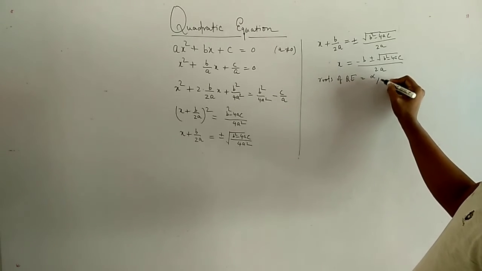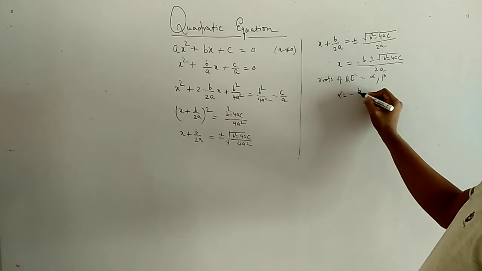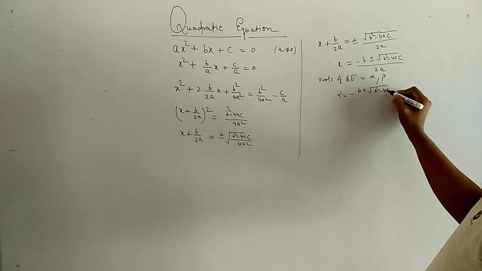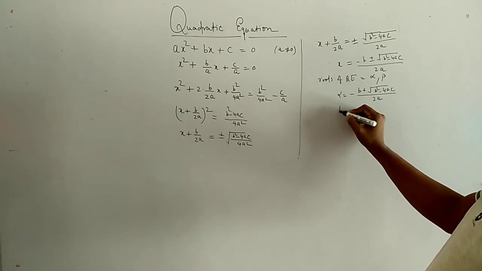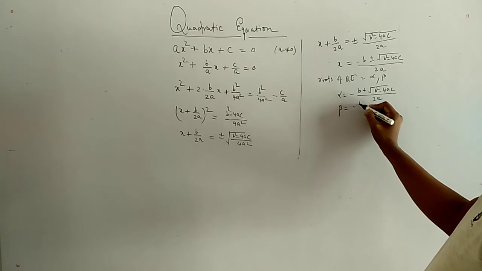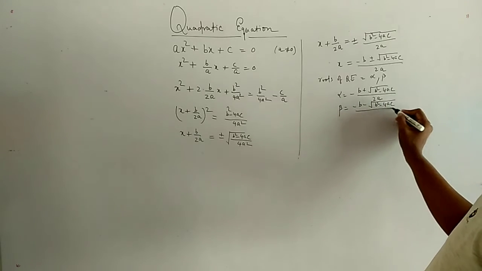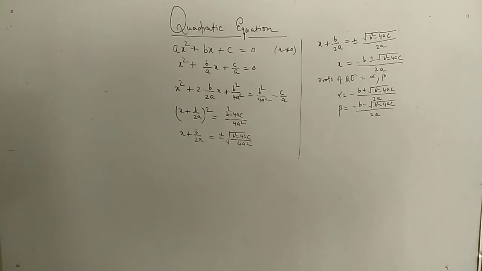If I say they are alpha and beta, then I get my alpha as minus b plus under root b square minus 4ac upon 2a, and beta is minus b minus under root b square minus 4ac upon 2a. These two are called the roots of the quadratic equation.